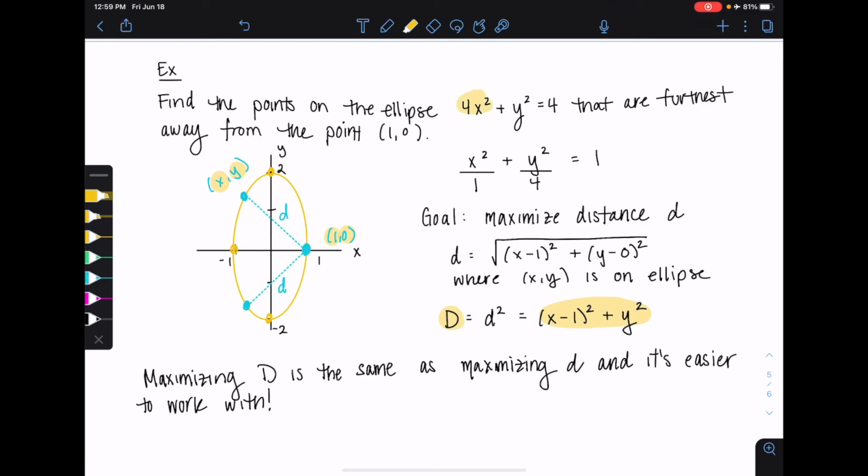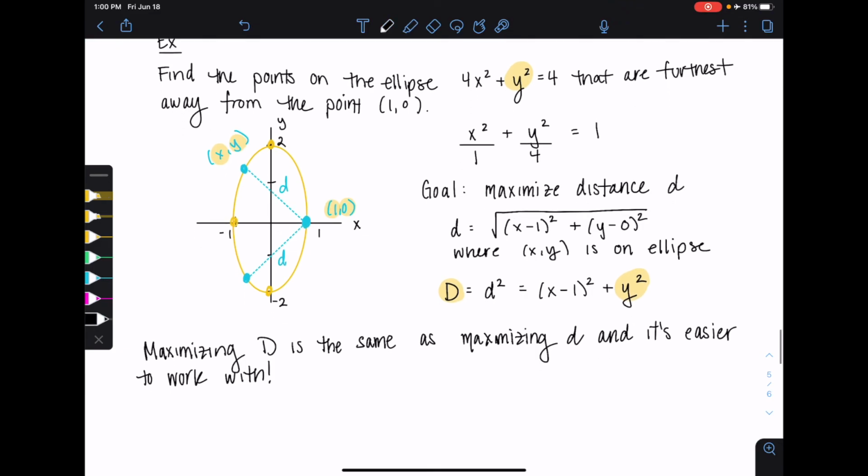But I know this point (x, y) has to be on the ellipse. So I need to solve for one of these variables. And if you notice, y squared appears in the equation of the ellipse. So I can easily solve for y squared.